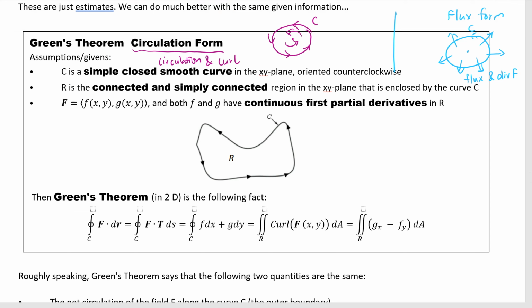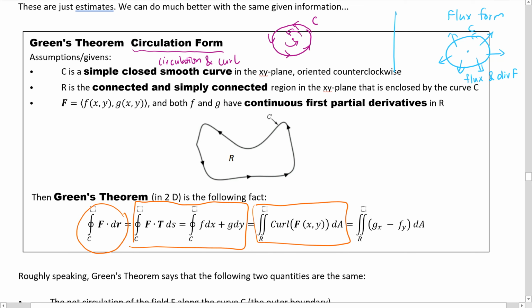The circulation along the path, the simple closed curve C, equals, so all of these are line integrals. Okay, the circulation formula. Green's theorem tells us that this equals the double integral of the curl over the region R.